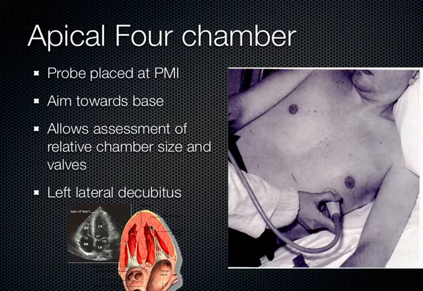This is a nice view to compare the chamber sizes, because here we see the left ventricle, the right ventricle, the left atrium, and the right atrium. On the left side of the heart, we can see the mitral valve, and on the right side of the heart, we see the tricuspid valve. But notice how the right ventricle is about 2/3 the size of the left ventricle. And that's normal.